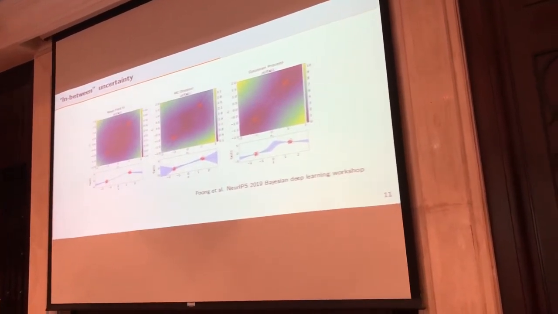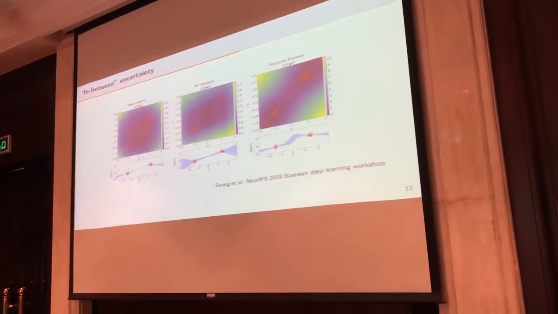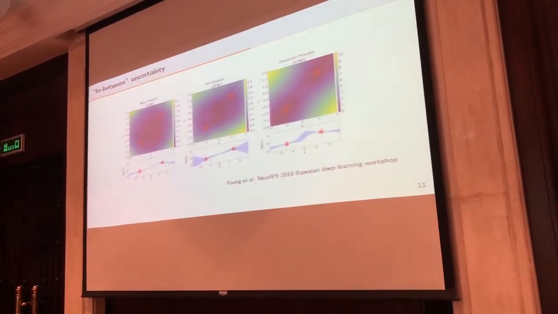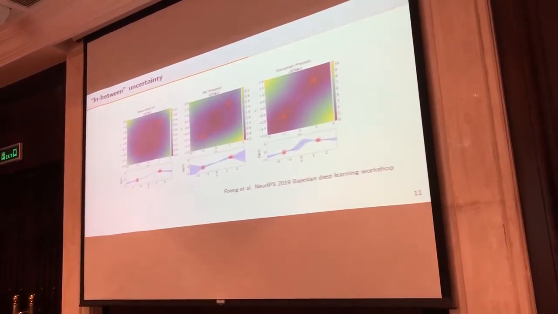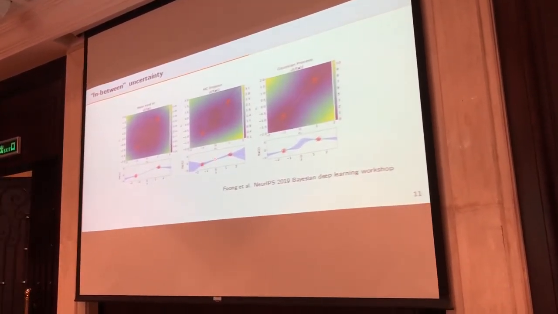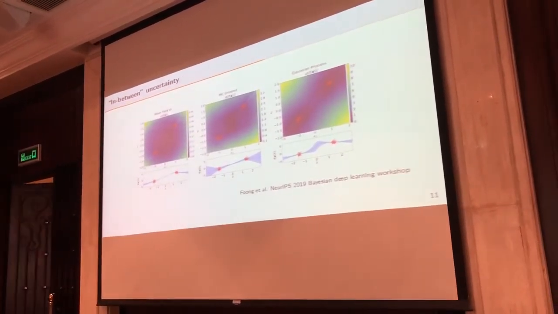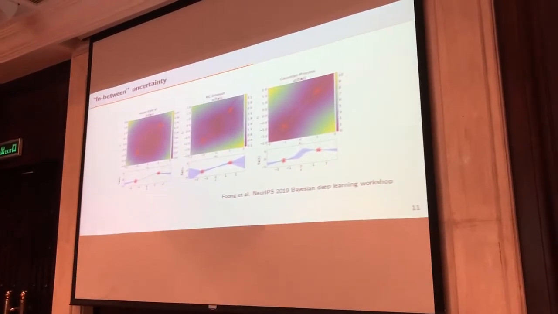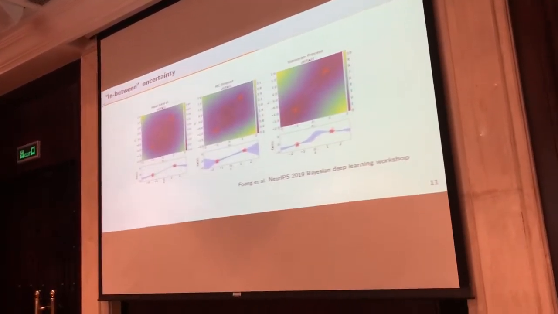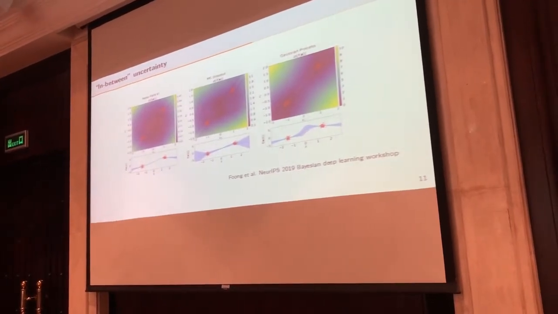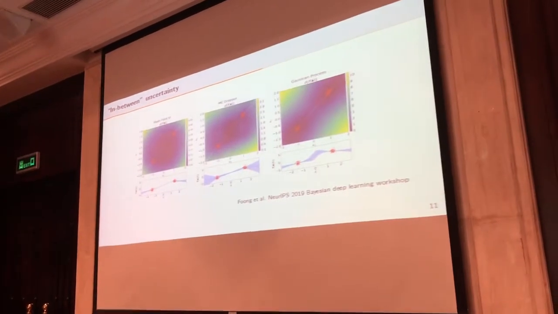You can basically see that these two methods, the mean field variational inference, catastrophically underestimate uncertainty, right? In this case you get some, but you still have some weird behavior around 0.0. But the Gaussian process solution can actually get to the right uncertainty. So I think this is basically a result to tell you that there are some limitations in the approximate distribution you are going to use. So don't use it in a blind way.